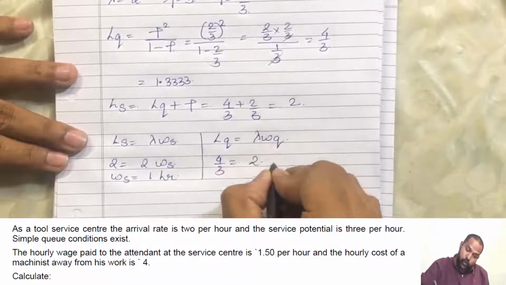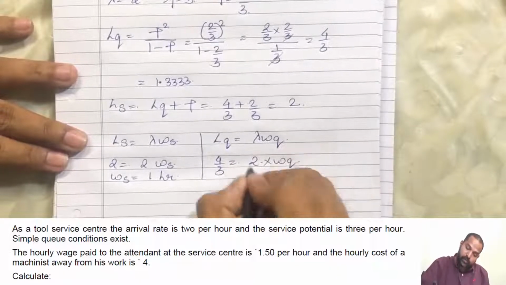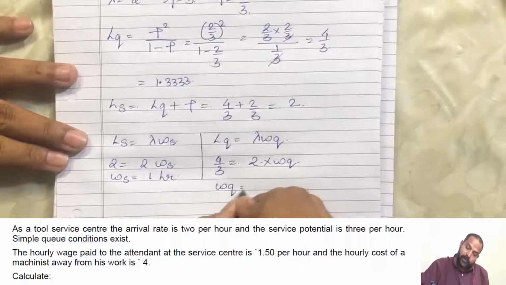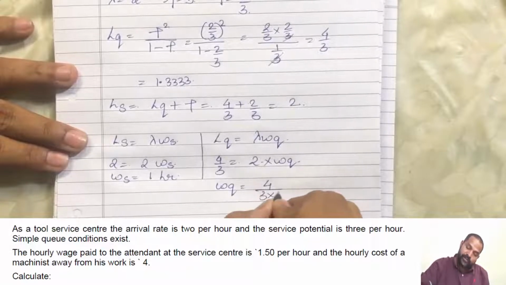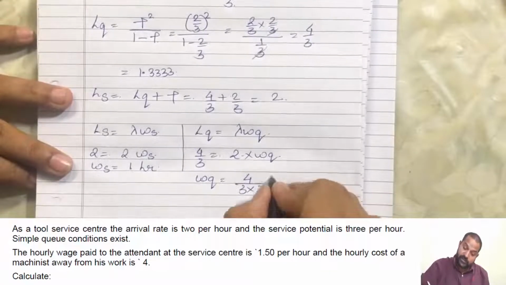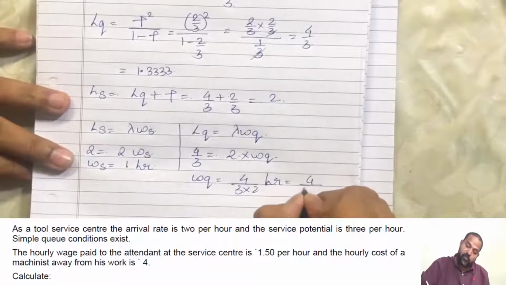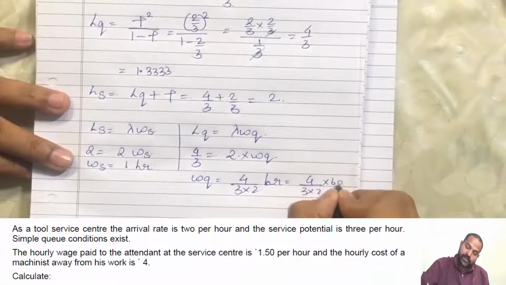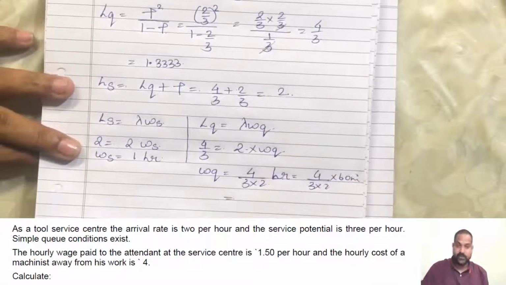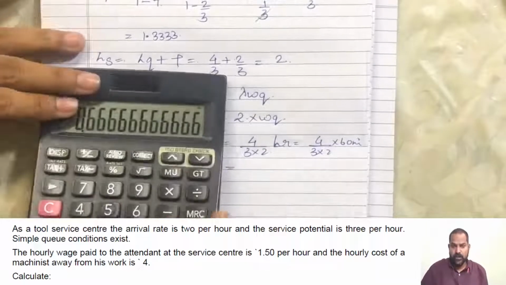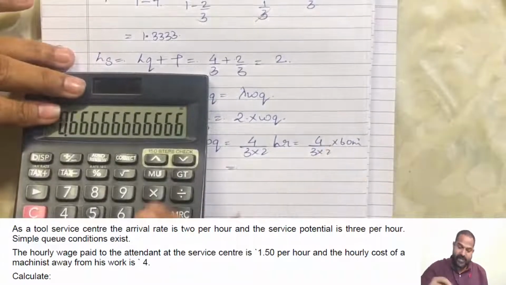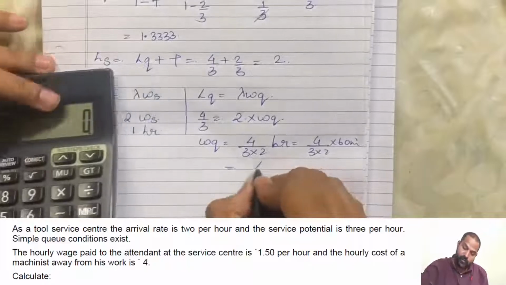Lambda is 2, so 2 into Wq. Wq is 4 by 3 into 2 into 60 minutes. The 6 cancels, leaving 40. So I think 40 minutes. Yes.